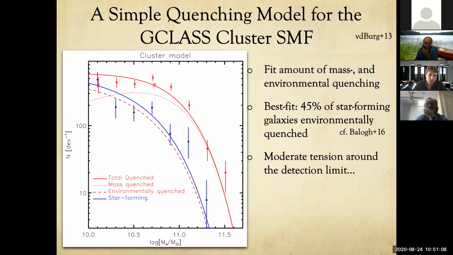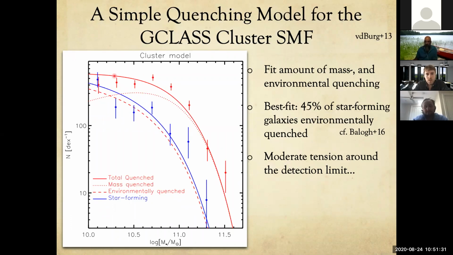And the model is the red and the blue solid lines, where the red solid line is basically composed of a part that is mass quenched, so self-quenched, and a part that is environmentally quenched. So if you add them both together, you get this red solid line. And the point we made in this paper is that there is a mild to moderate tension, I would say, at the low mass end.